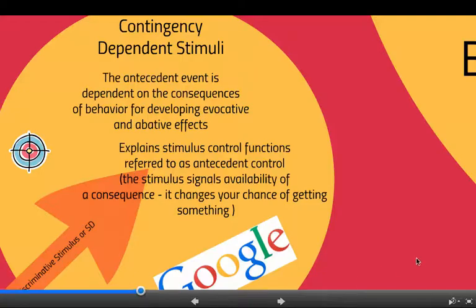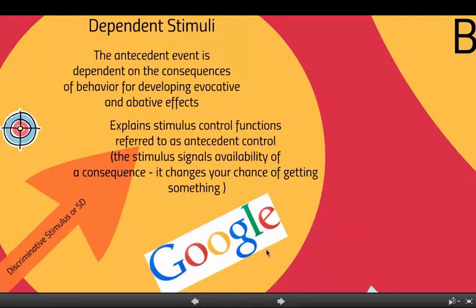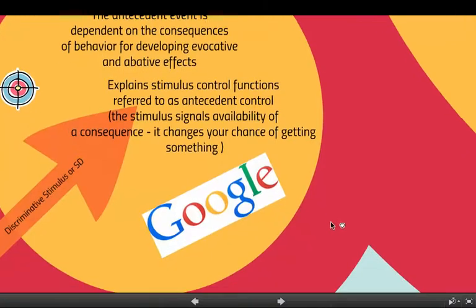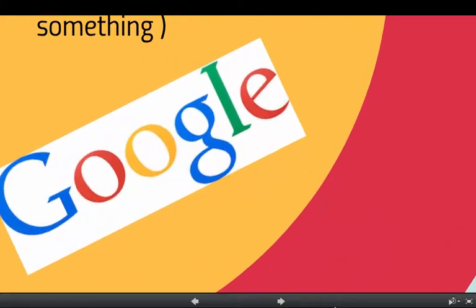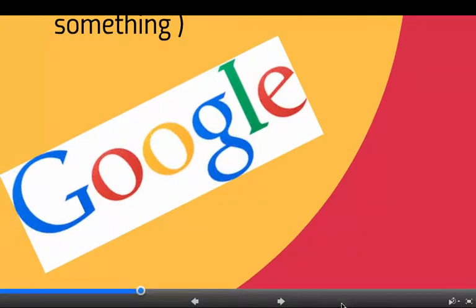So just by example, this word right down here, Google. Back in 1998, 1999, that word Google, that image right here on the screen in front of you, meant nothing to you or anybody else, quite frankly, in the country. Google meant nothing.